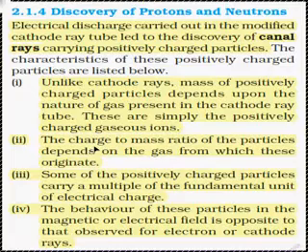Number two, the charge to mass ratio of the particles depends on the gas from which they originate. Number 3, some of the positively charged particles carry a multiple of fundamental unit of electric charge. The behavior of these particles in the magnetic or electric field is opposite to that observed for electron or cathode rays.